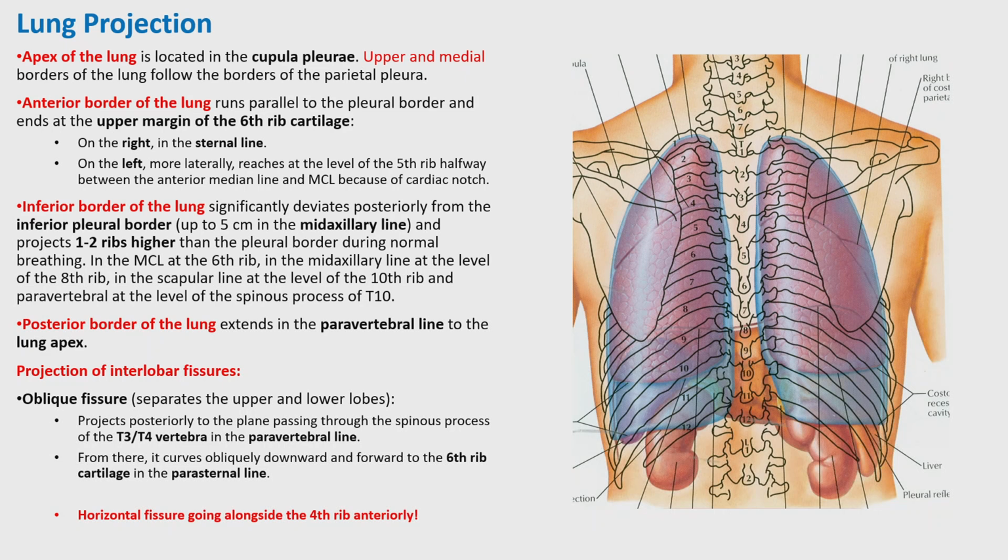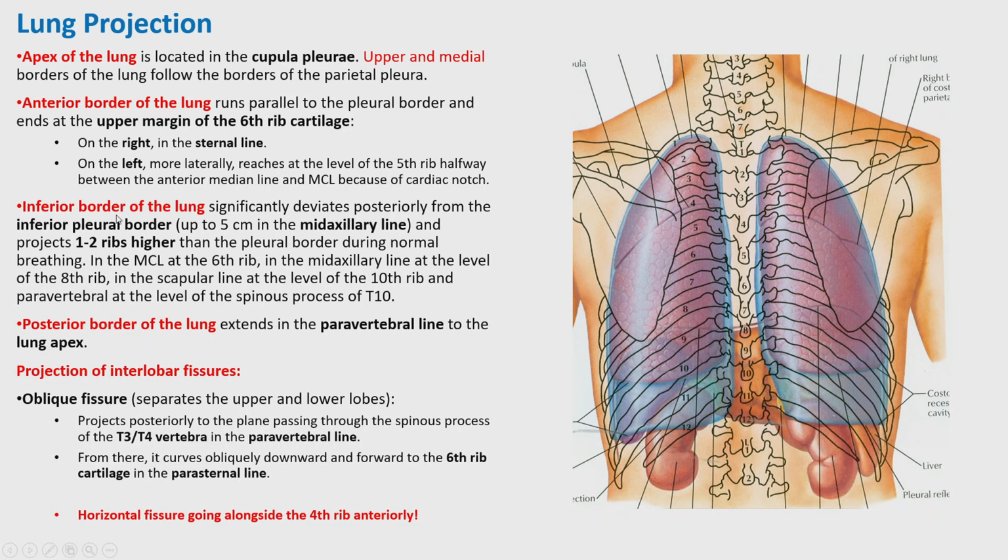And for better understanding, we said that the apex of the pleura is 2-3 centimeters above the clavicle, covered by the cupula. For the anterior border, we said the lines that they pass. For the inferior border, we said what it passes, but lung projection is different from the pleural projection.